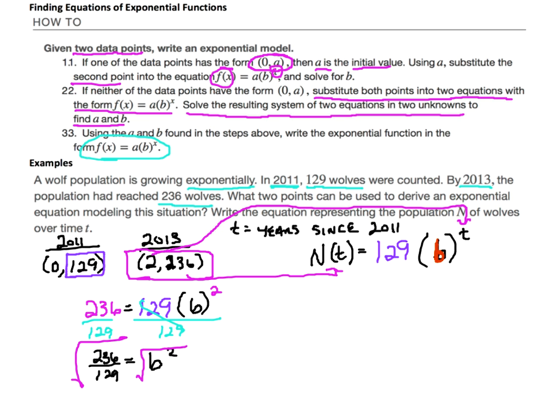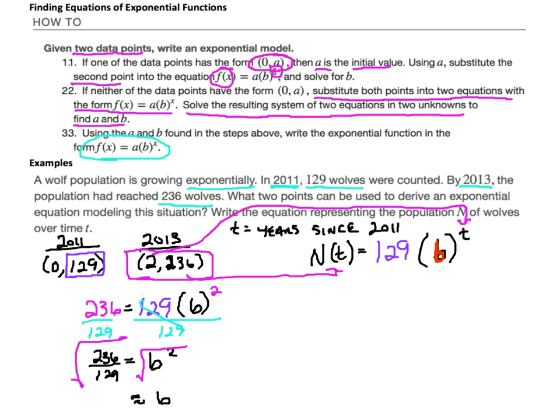Take the square root of both sides. I do not need to consider the negative square root because we're talking about a population of wolves and there's no such thing as a negative population of something. So I'm just going to put into my calculator the square root of 236 divided by 129. And when I do that, I get approximately, and let's see what it says to approximate to. Right, the equation representing the population.